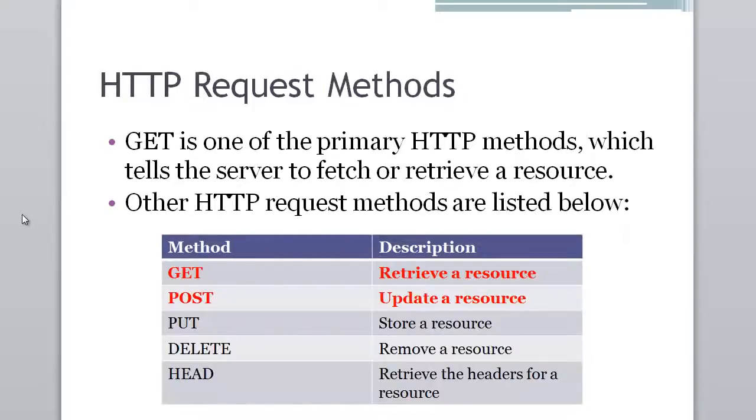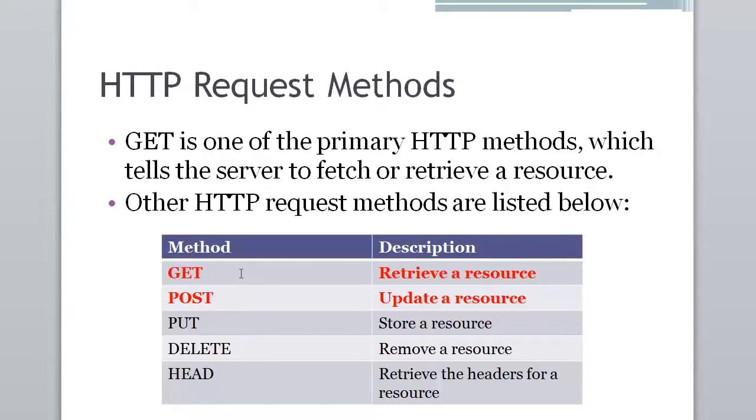Now, there are a couple methods when you are sending an HTTP request. There are several methods you have in your hand. The most primary HTTP methods are get and post. Both of them are the most famous methods, and they are the driving force of the whole World Wide Web.